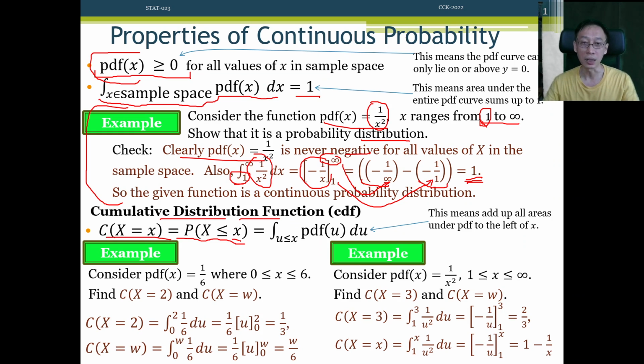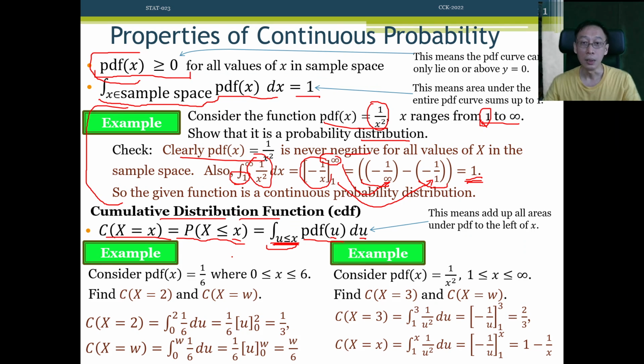So this little x can be 5, can be 3, can be 2, can be 1.2, and so on. In the discrete case, we just use summation. In the continuous case, we use integration of the PDF function for all values of u that are less than or equal to x.